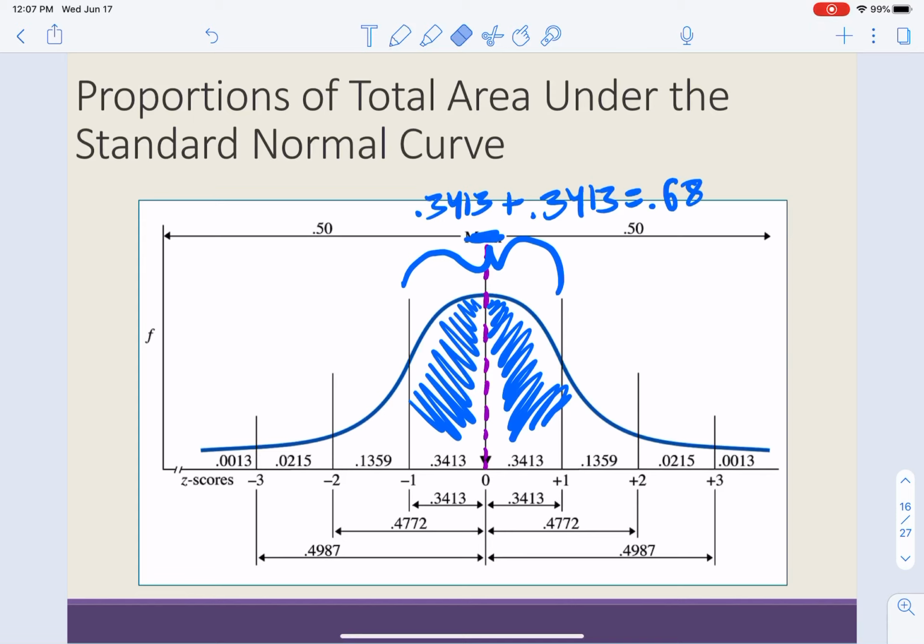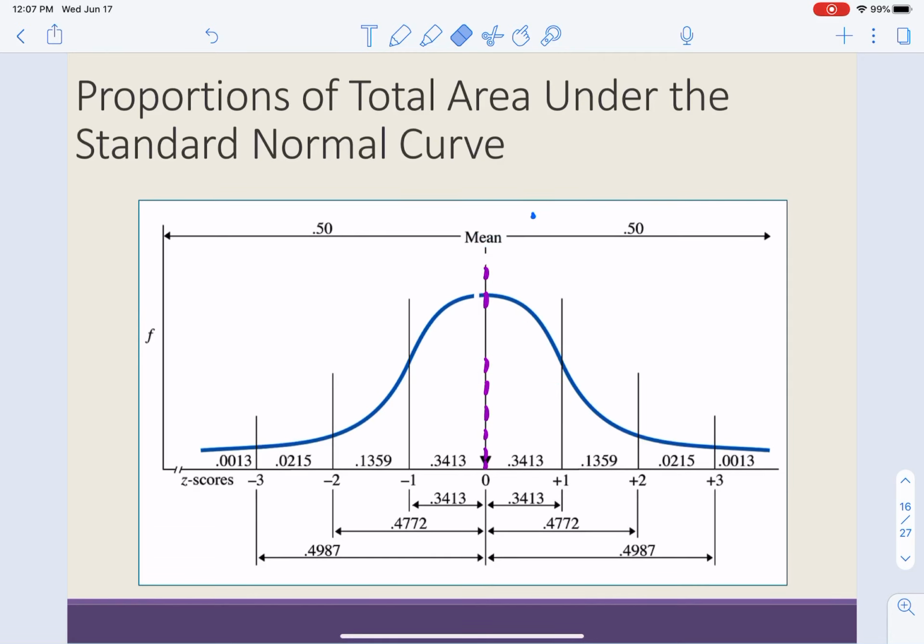And we can do this whole process for the other percentiles that we have here. So 34%, 34%, that is 68. It turns out that 2 standard deviations away on this end and this end make up 95% of the data.